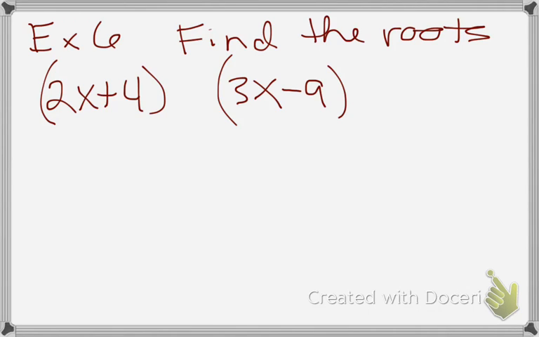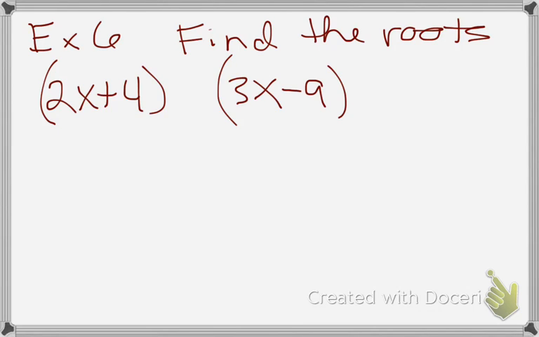Clearly you didn't do the steps. What's step 1? You must set each binomial equal to 0. What's step 2? Solve for the variable. Follow the steps.